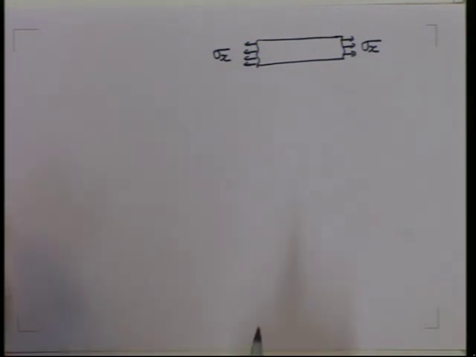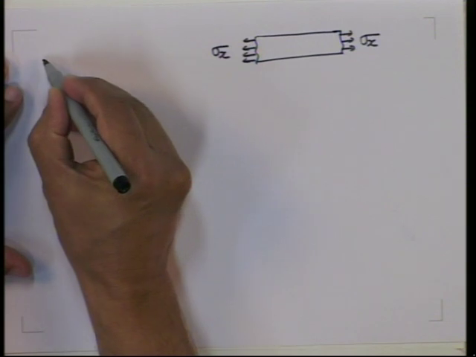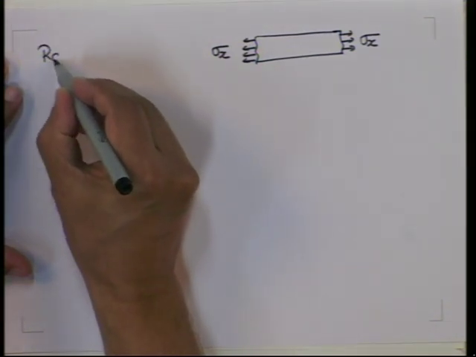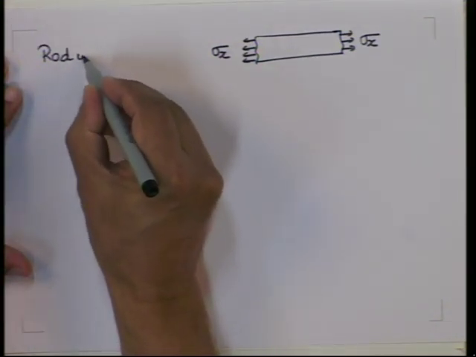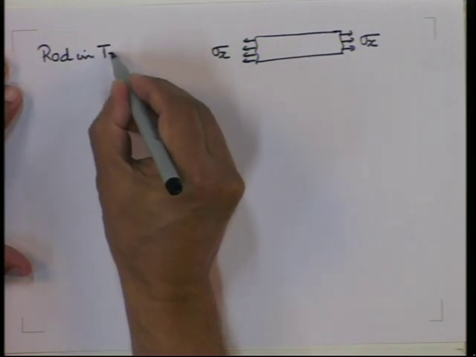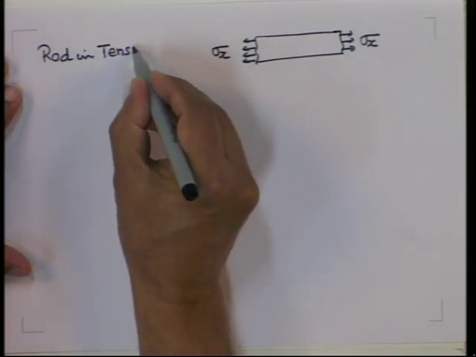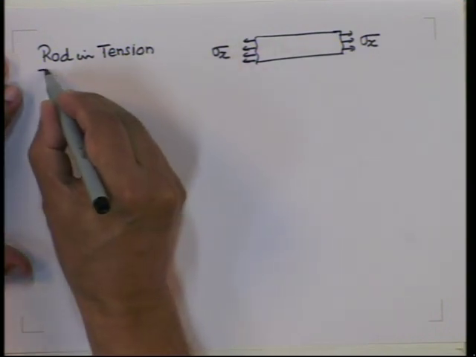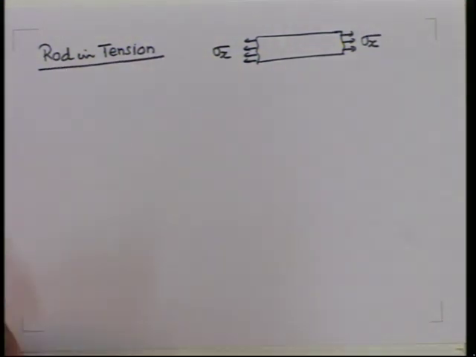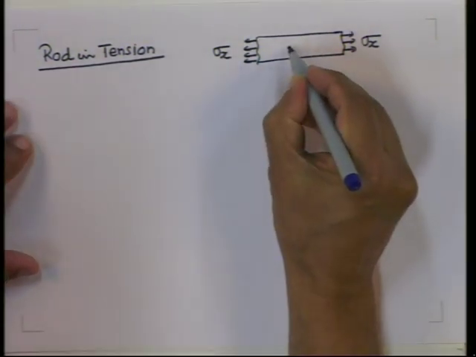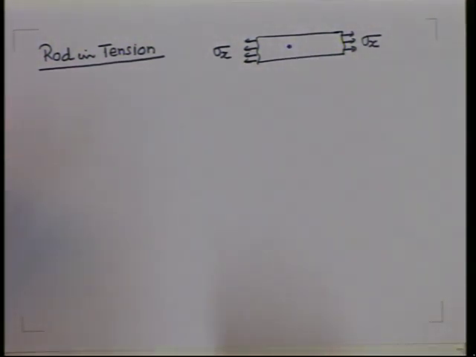So, we are just taking a rod in tension. What are the equations that govern the behavior of this rod?